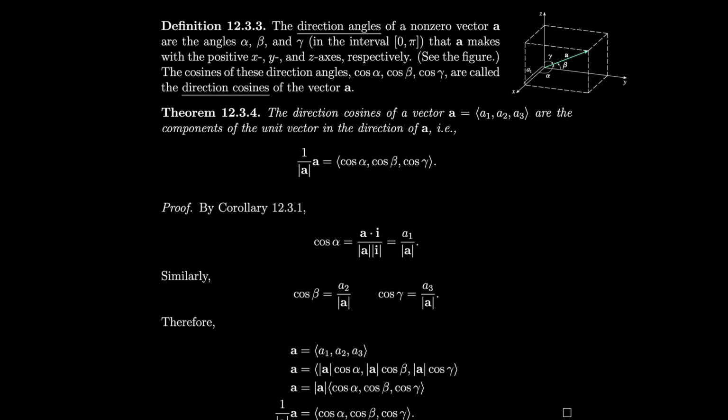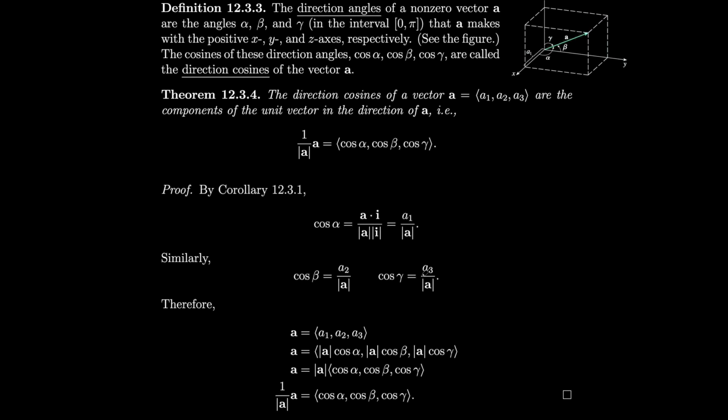And then similarly, we get A2 over the length of A is the cosine of beta, A3 over the length of A is the cosine of gamma, and therefore we can write the vector A as A1, A2, A3, and replace those. Let's say we take this length and multiply it over here to get A1 by itself, so replace that with the length of A times cosine alpha, and the same thing for the other two components.